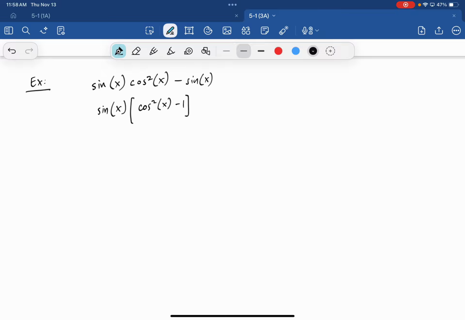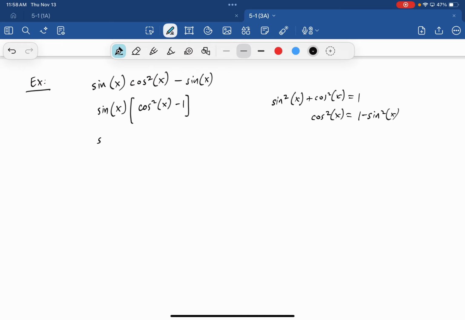Well, now, how do we simplify cosine squared? Well, we should use the formula that we know, right? Sine squared plus cosine squared is 1. So that tells us that cosine squared is 1 minus sine squared. And that's something that we can plug into the thing that we have.